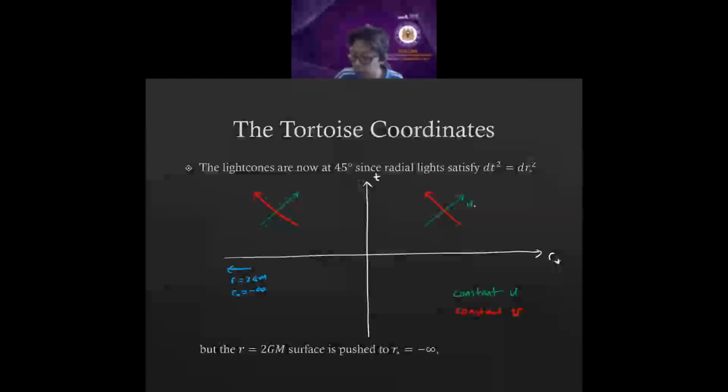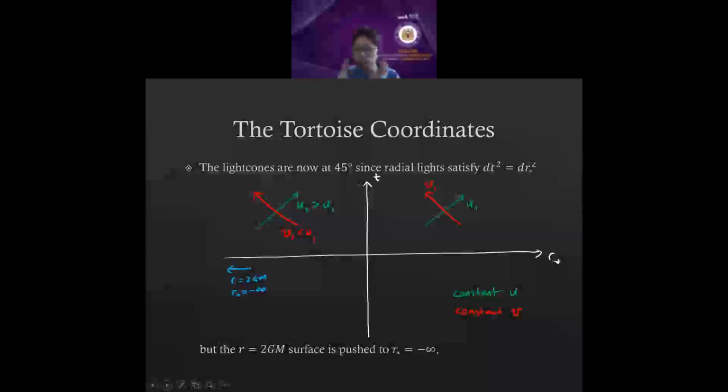So let's say if this one is u1, this one is going to be u2, which is larger than u1. Recall what I showed you before about the Minkowski spacetime. If this one is v1, then this is v2, which is smaller than v1.